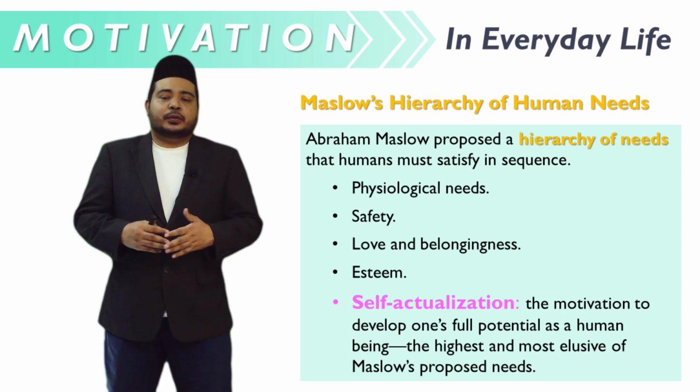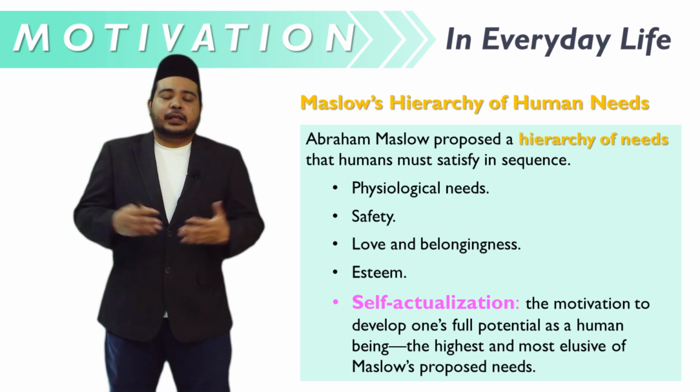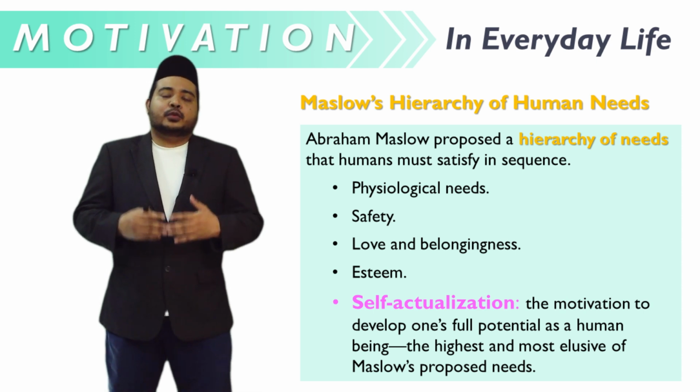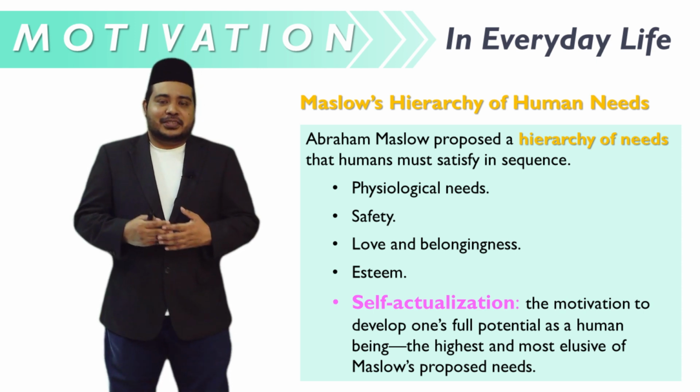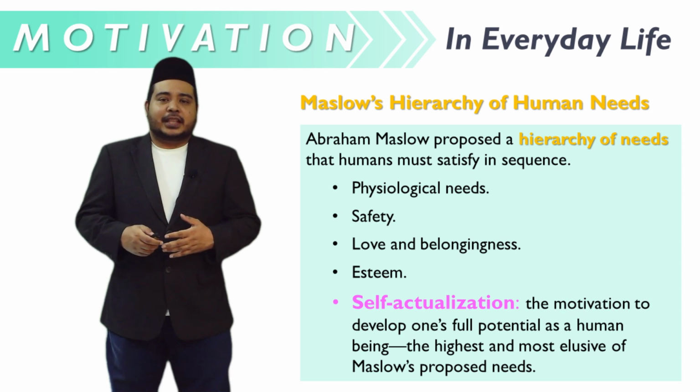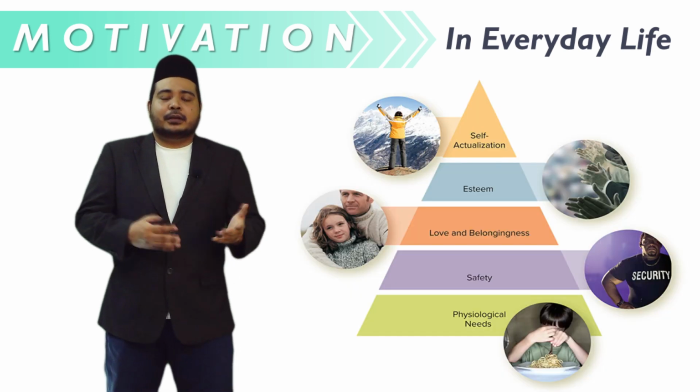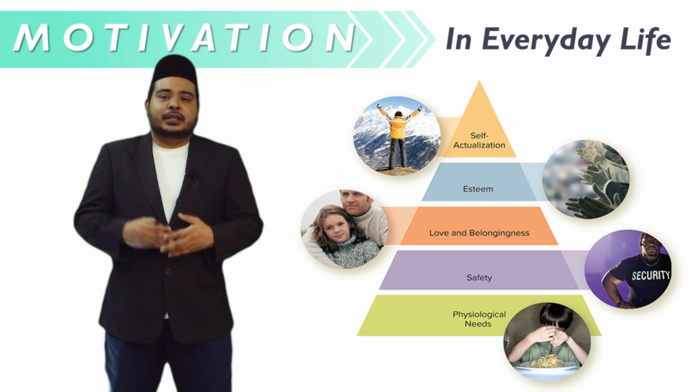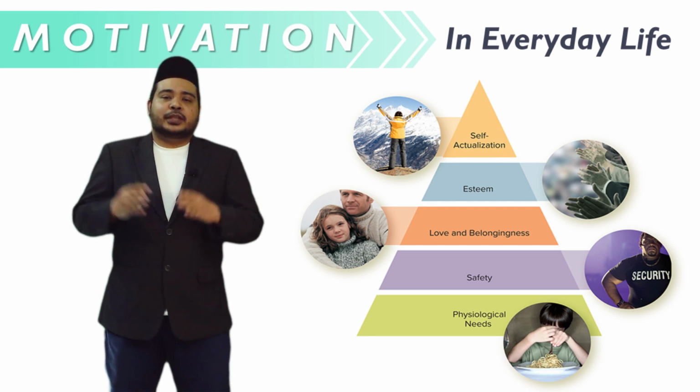According to Maslow, being able to fulfill our potential as human beings, to be the best version of yourself, is self-actualization. Whenever people talk about Maslow's hierarchy of needs, they always explain it through this pyramid.